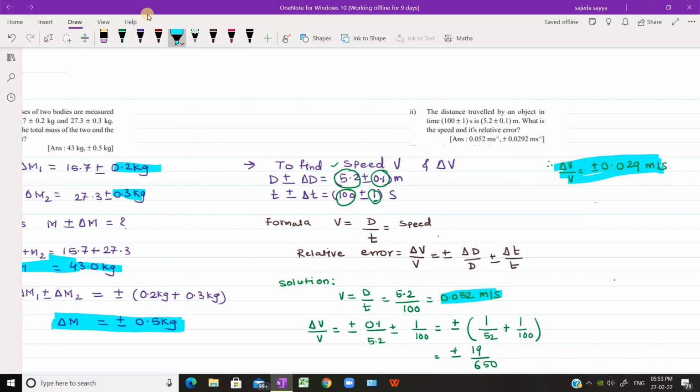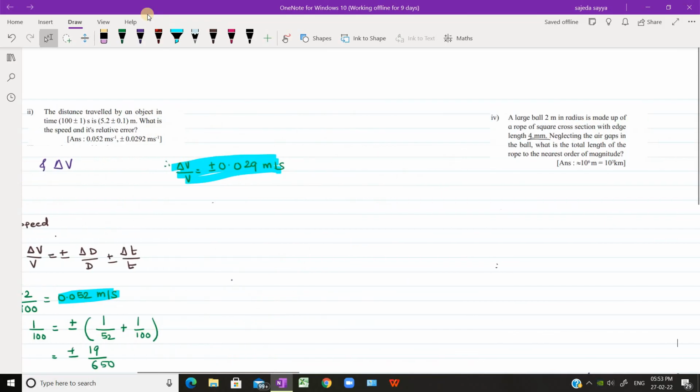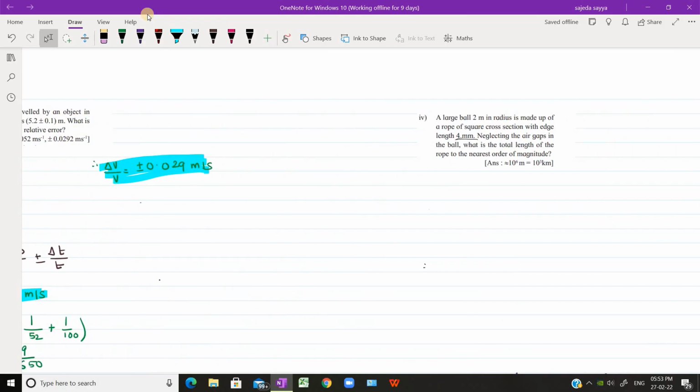Now next problem will be a large ball 2 meter in radius is made up of a rope of square cross section with edge length 4 mm.